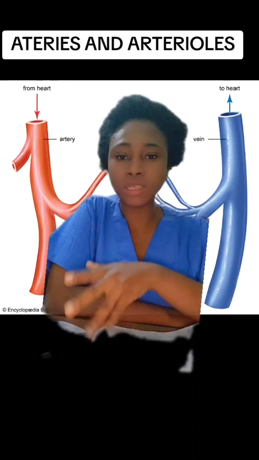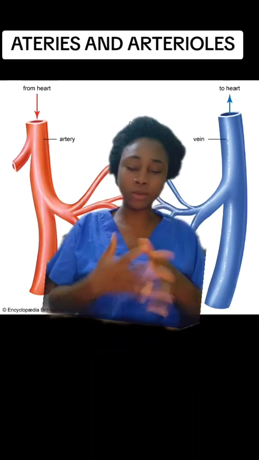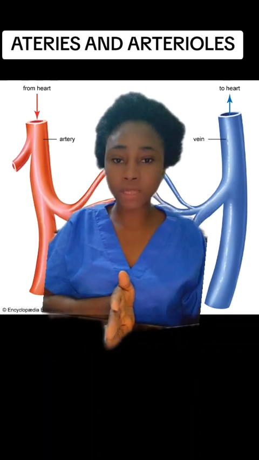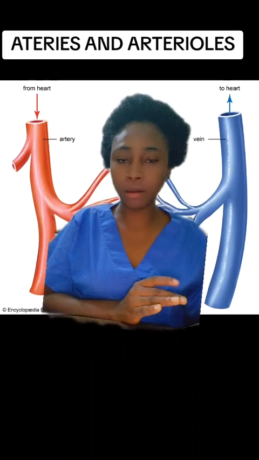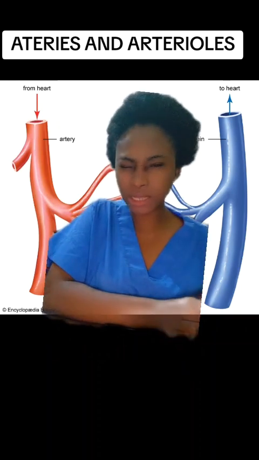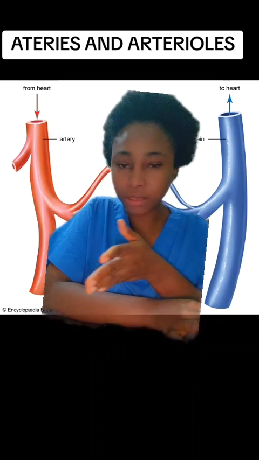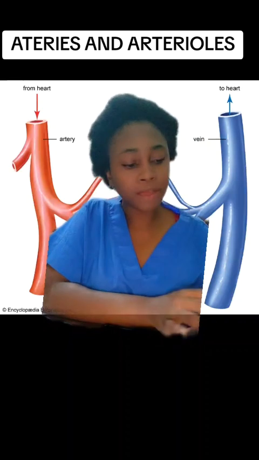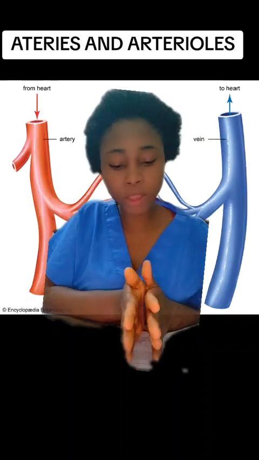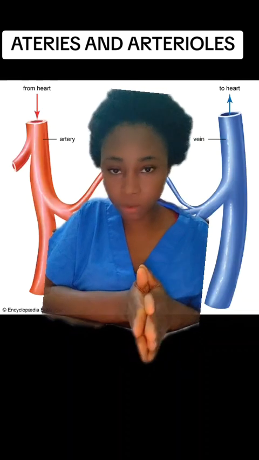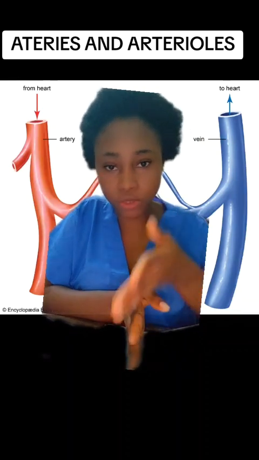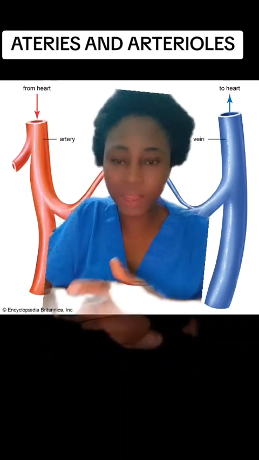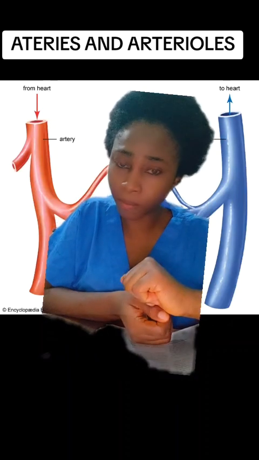And as this large artery, the aorta, is breaking down, from the artery we move down to the arterioles, and these arterioles are tinier, thinner than the main artery, that is the large arteries. Because they are not close to the heart, their walls are made up of smooth muscle and less of elastic tissue.